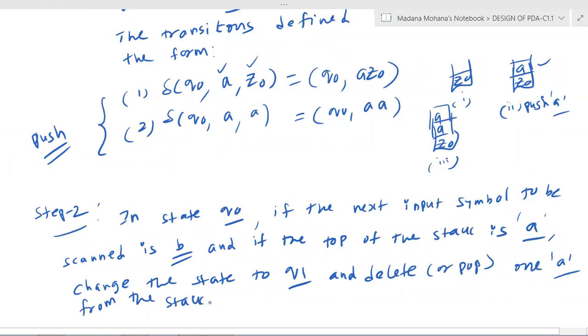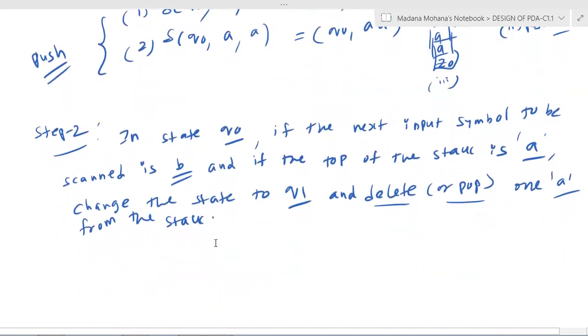So in the top of the stack, there should be a corresponding A for the input B. At that time, we have to delete or pop 1A from the stack. Now, the transition corresponding to this step can be of the following form.